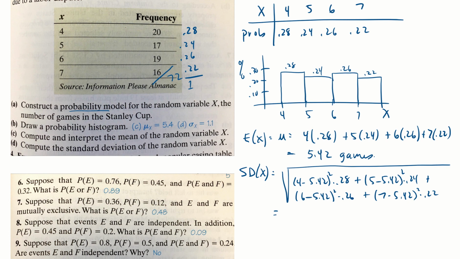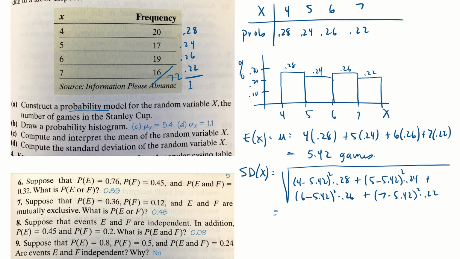And I'm actually just doing it all in one shot on my calculator. Square root of 4 minus 5.42 squared times 0.28 plus parentheses 5 minus 5.42 parentheses squared times 0.24 plus parentheses 6 minus 5.42 parentheses squared times 0.26 plus parentheses 7 minus 5.42 parentheses squared times 0.22.